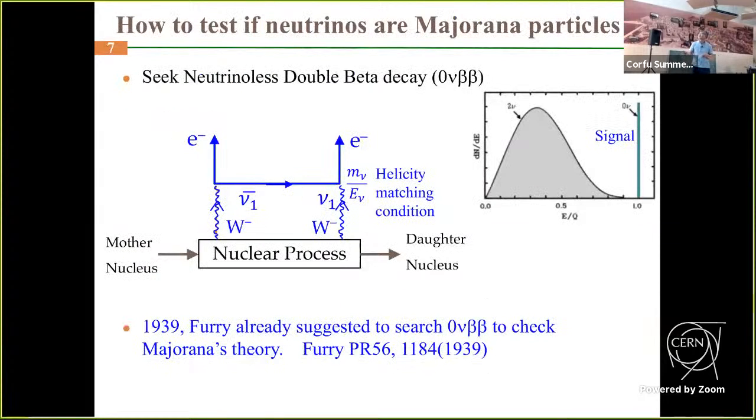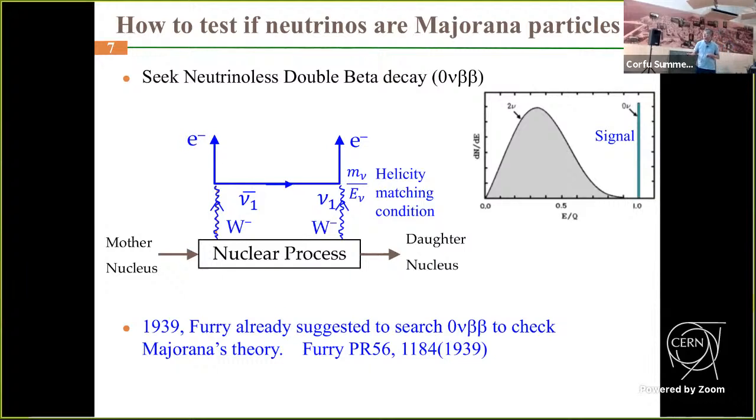So how do we test whether neutrinos are Majorana particles? We are seeking a delta function in the continuous spectrum, beyond the two-neutrino spectrum: the zero-neutrino spectrum. Lepton number is violated by two units, and only two electrons come out, with no neutrinos. The neutrino emission and absorption, the exchange, needs a helicity matching condition, which is proportional to the square of the neutrino mass.